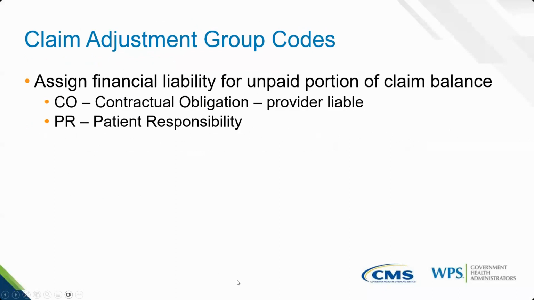Another type of code that appears on the remittance advice is a group code, and these are the codes that convey the financial responsibility for any unpaid portion of a claim balance. So a CO, one that I mentioned earlier, contractual obligation, means that the provider is liable. And if a PR group code appears on the remittance advice, it means that the patient is financially responsible.